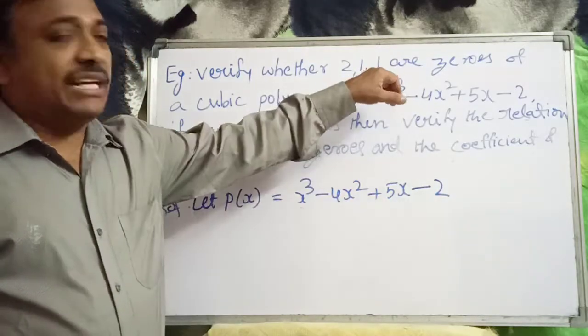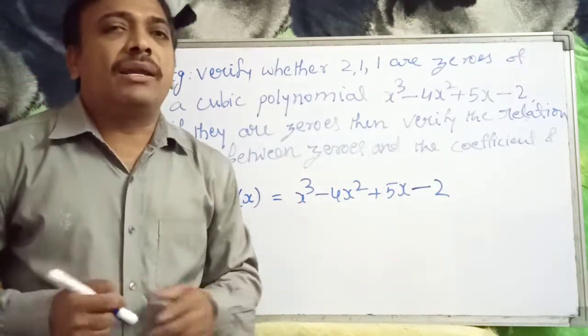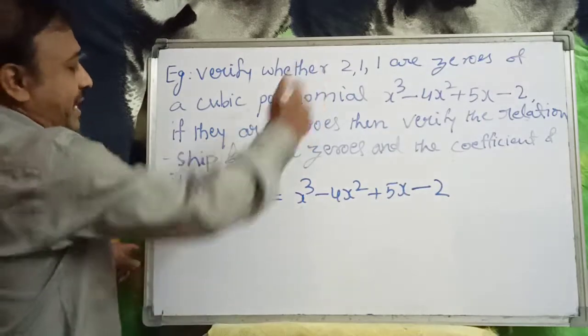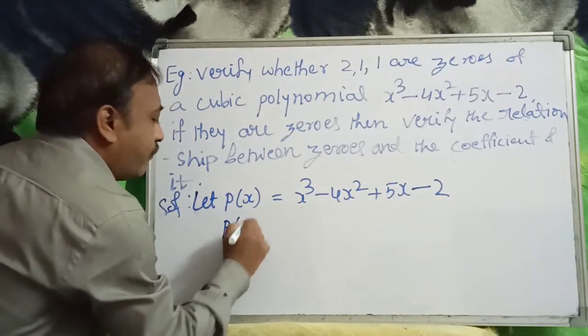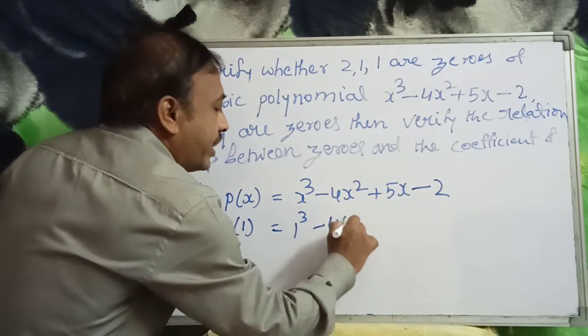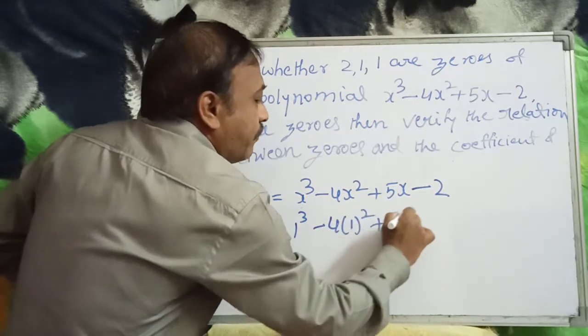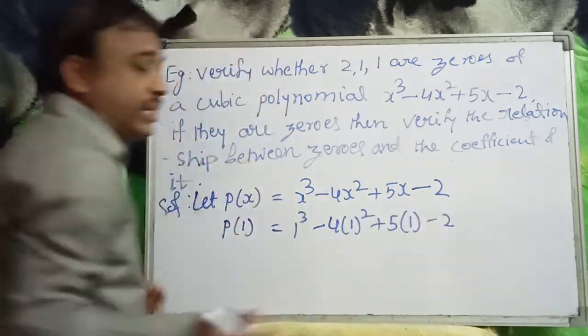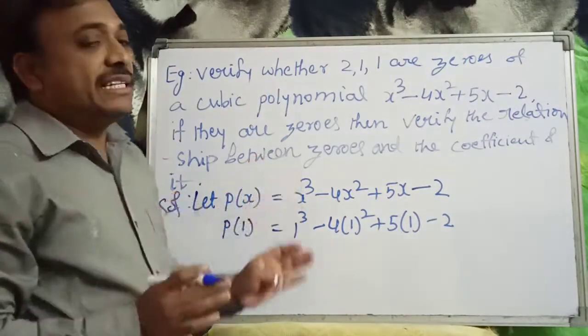Now we see whether 1 is a zero of the given polynomial or not. So substitute 1 in place of x. P of 1 is equal to 1 cube minus 4 into 1 square plus 5 into 1 minus 2. Putting the value x equal to 1.